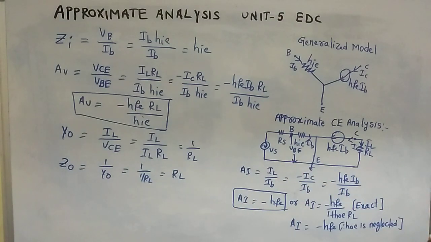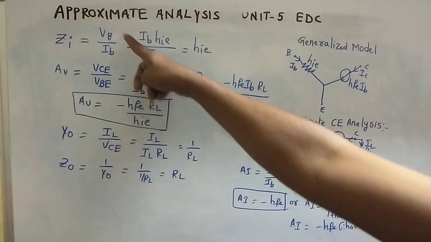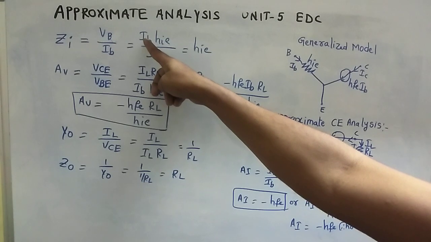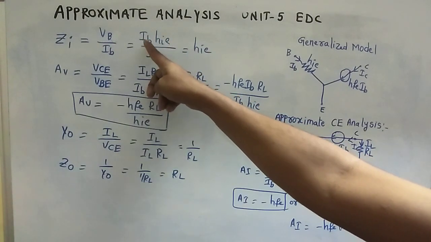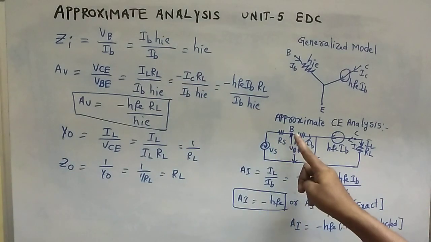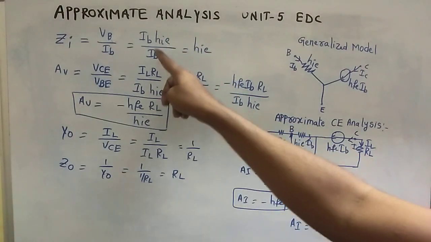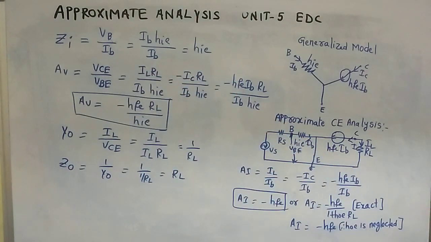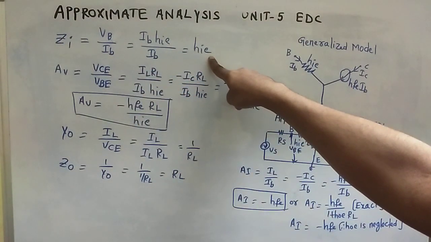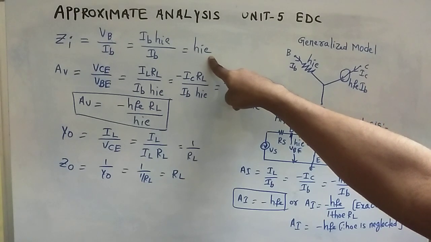The output voltage is VCE or VC. V equals IR, so the input current into the input resistance, IB into HIE, divided by IB, IB gets cancelled, giving HIE. So the input impedance is equal to HIE for the approximate CE analysis.